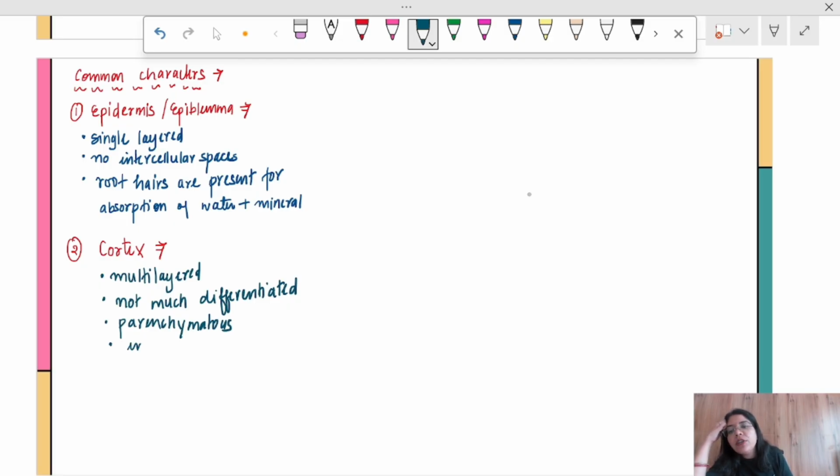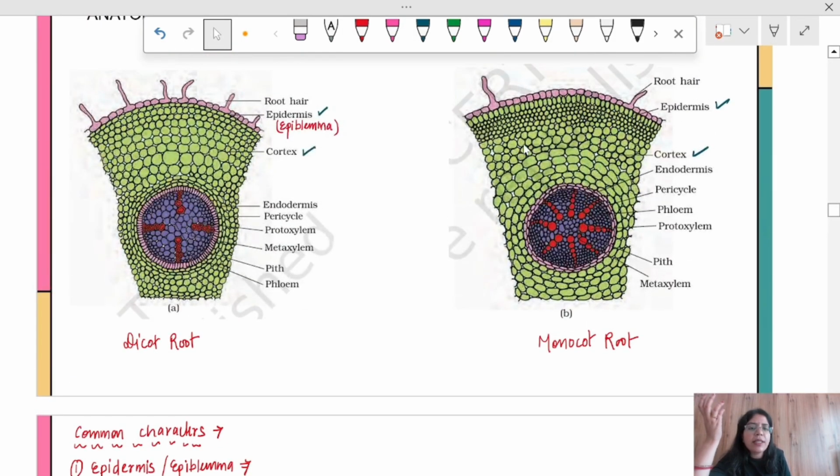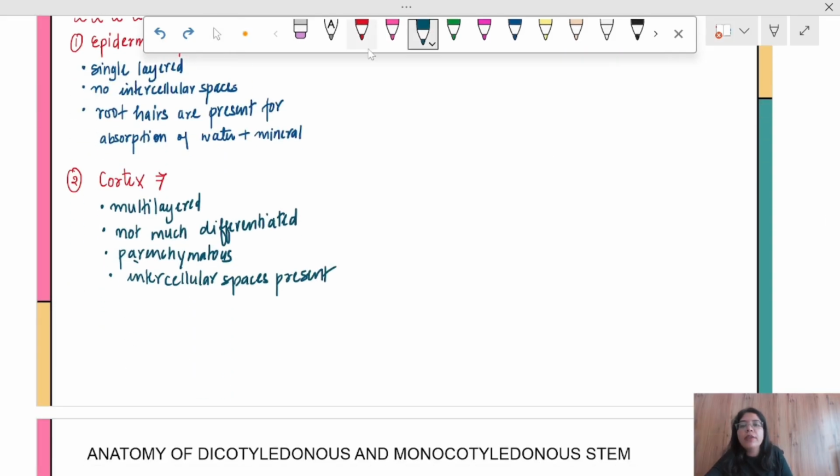Here small intercellular spaces are present. The cells are parenchymatous, thin walled, with cellulose-containing cell wall. You can observe small intercellular spaces here, so this you have to remember. Now the last layer of cortex is called endodermis. Endodermis is the last layer of cortex. This is also parenchymatous.